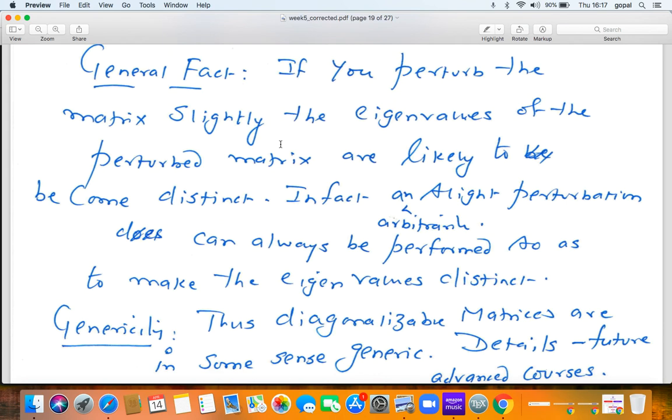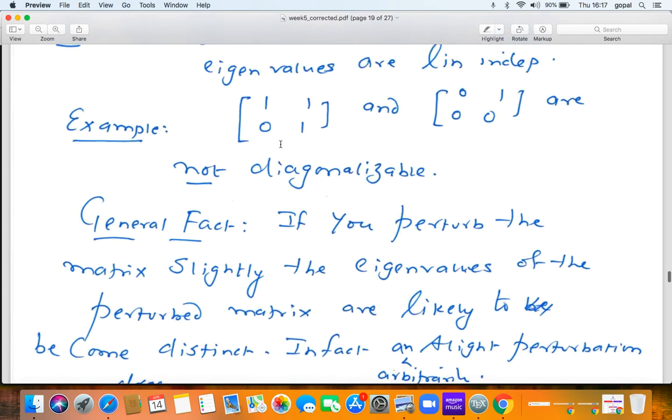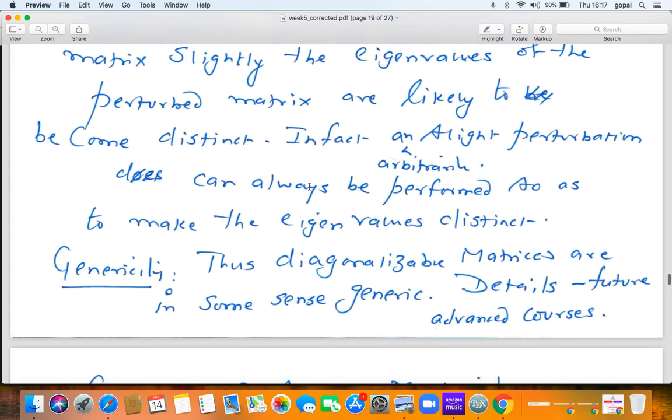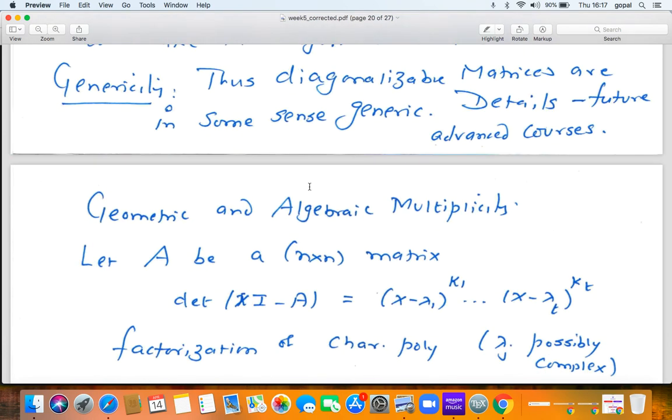Diagonalizable matrices are generic in some sense. I just gave you an illustration, but how do you prove this in general? The proof will be done in advanced courses, if you take one.